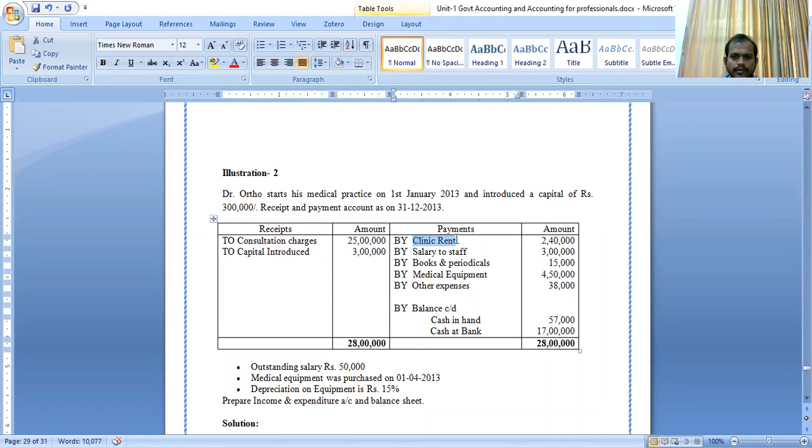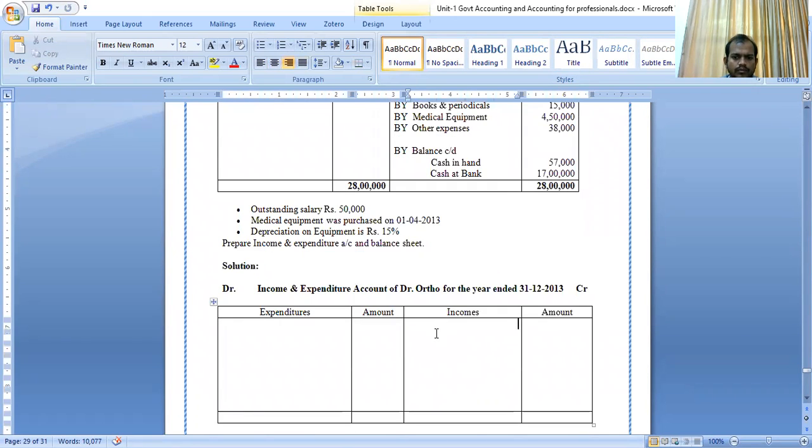So payments: clinic rent, salary to staff. We'll go with the receipts first. Consultation charges, capital introduced. Consultation charges are revenue receipts.